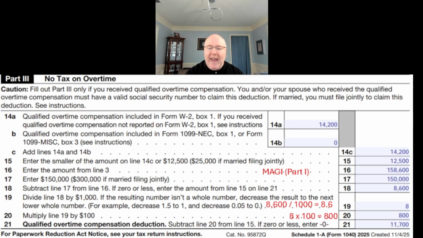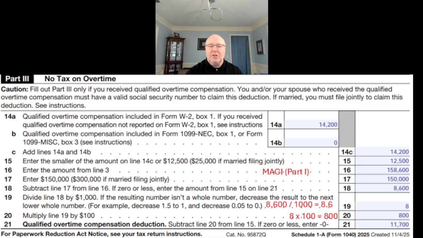So 8,600 divided by 1,000 gave us 8.6. We're at 8. So what we now do for line number 20 is we're going to take that 8 and multiply it by $100 because it phases out in increments of 1,000. Well, you have 8 increments of 1,000 times $100 because it phases out by $100.